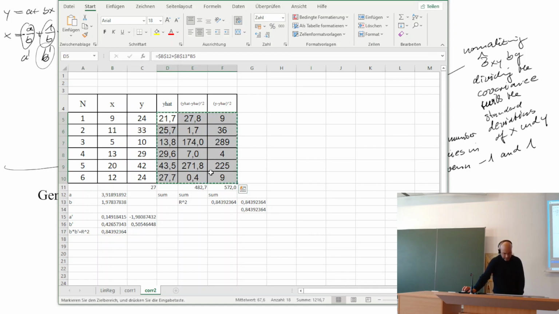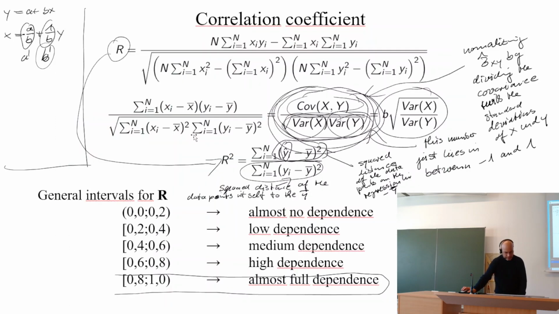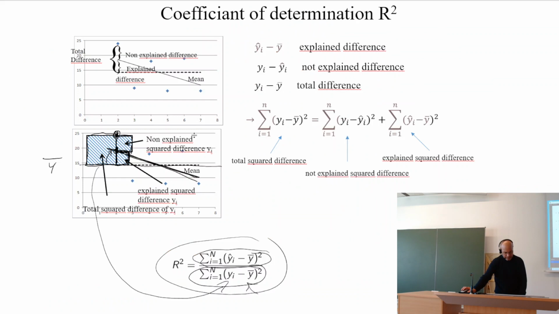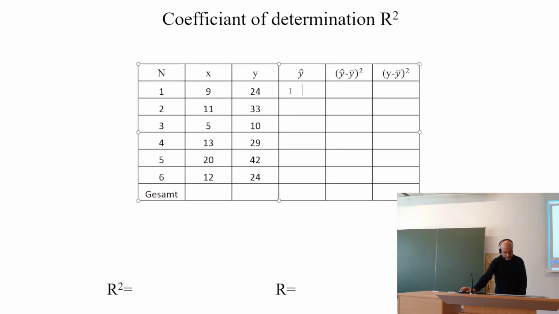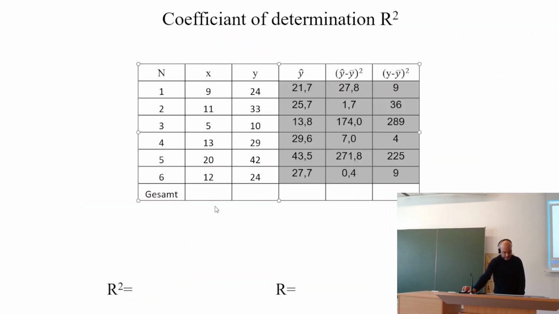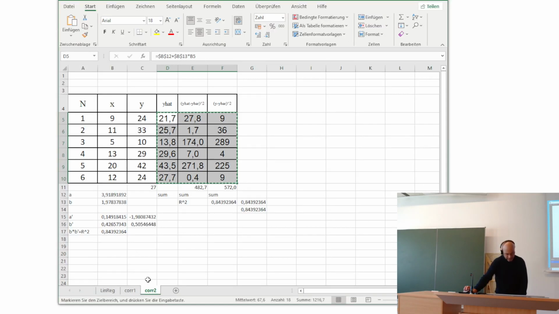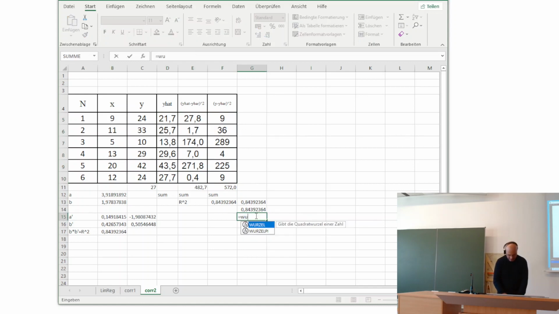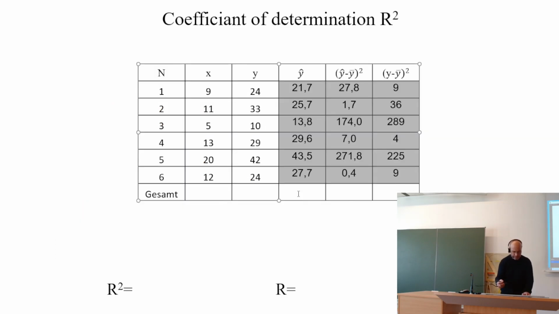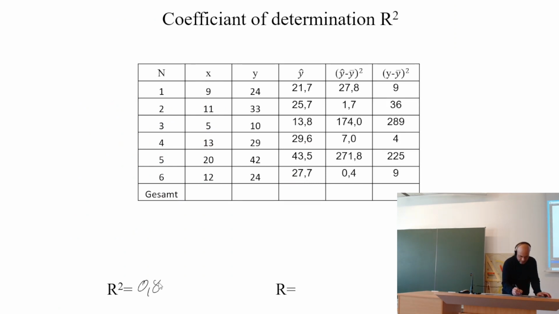Let's copy all this now into our slides, and then we are also done. This was 0.84, and r is then the root of this, in order to be complete, 0.92.